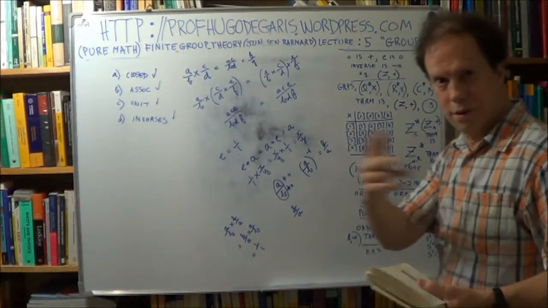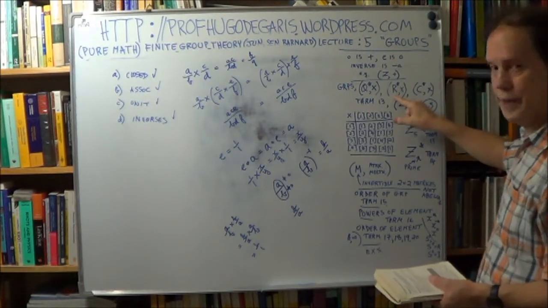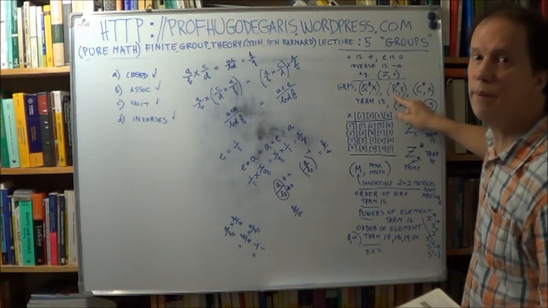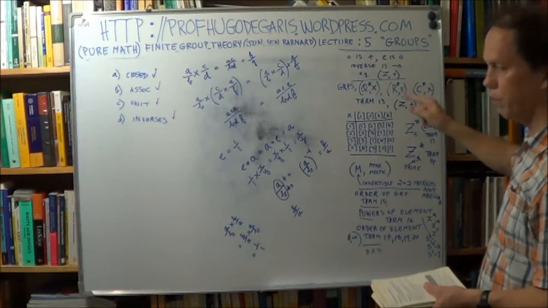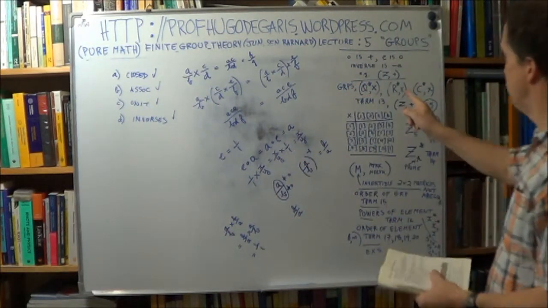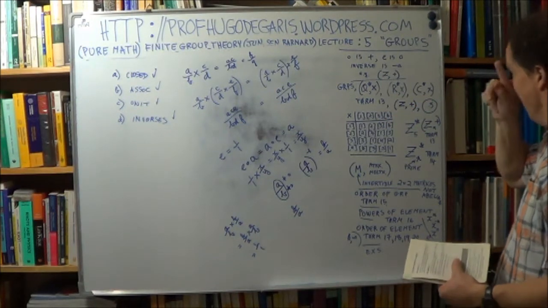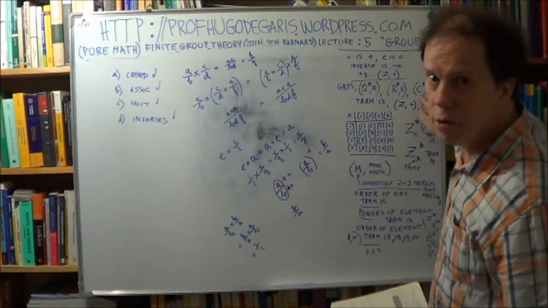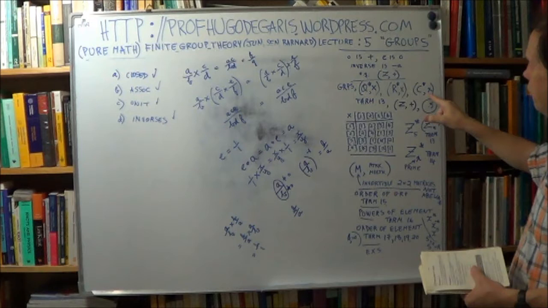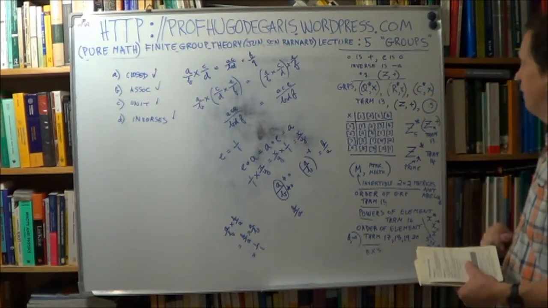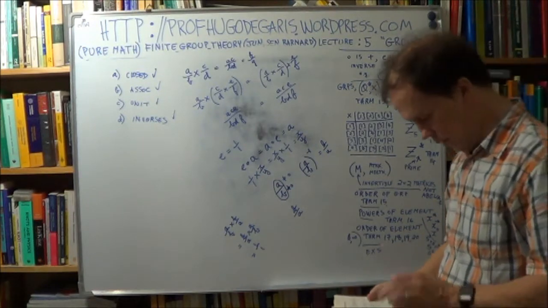Now, as homework for yourself, prove that R star, all the real numbers except 0, right? And again, the binary operator is multiply, times. Prove that that is a group. And similarly, if your set is the non-zero complex numbers, right? C star. And again, the binary operator is multiply, times. Right?